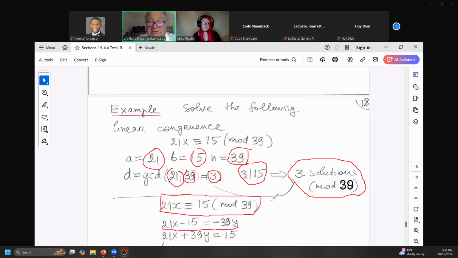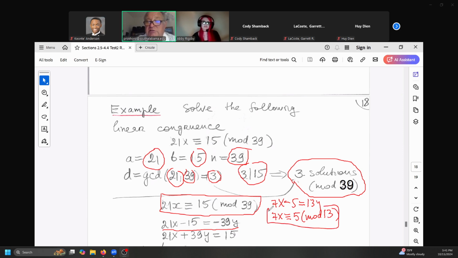And what can I get? 7x minus 5 equals 13y. And how to rewrite this new equation? It will be 7x is congruent to 5 modulo, now instead of 39, what will we see right there? Modulo 13.